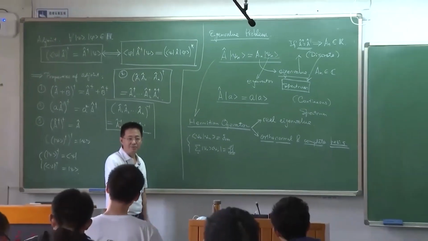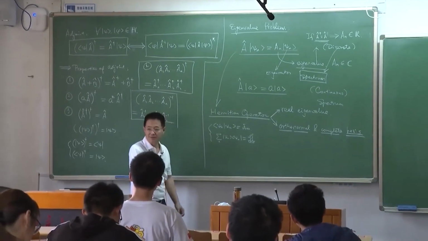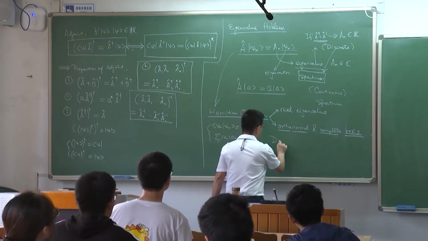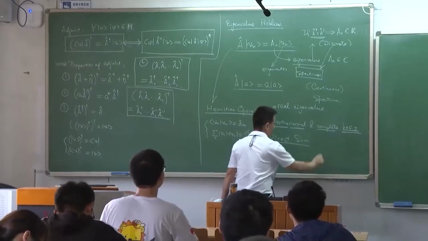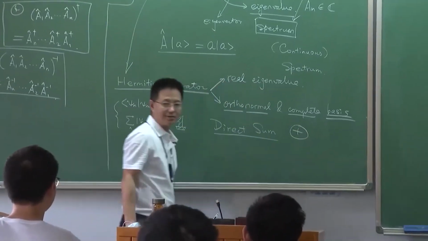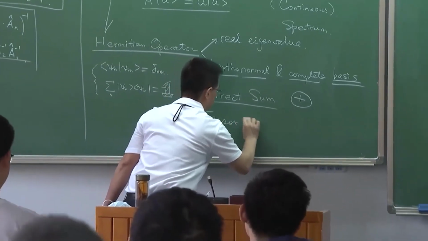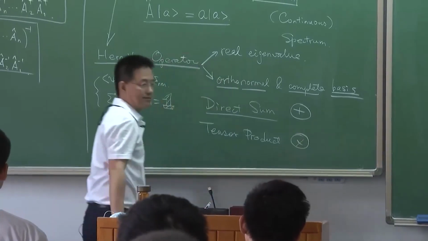And we also have some other more important things that we can learn next time about the direct sum. Something like this. This is the direct sum. And also we have the tensor product. That is like this.